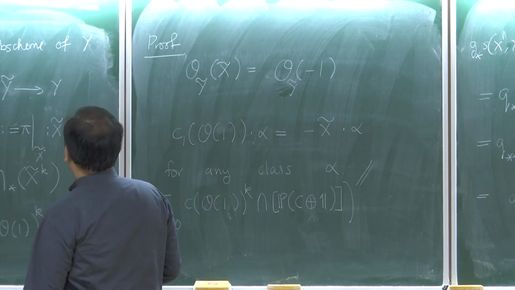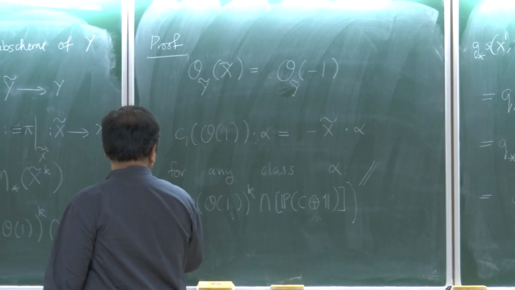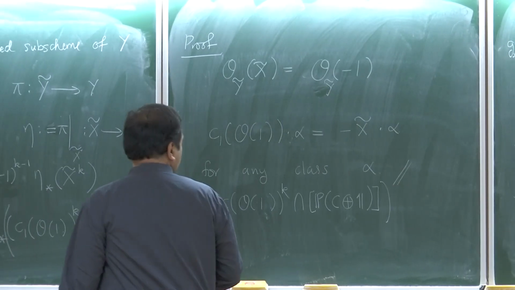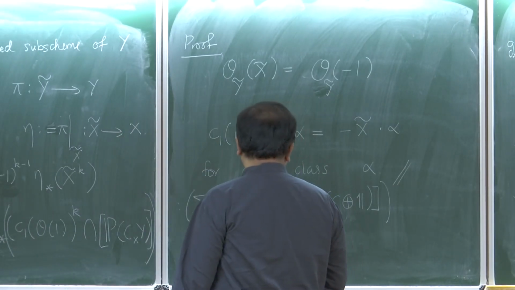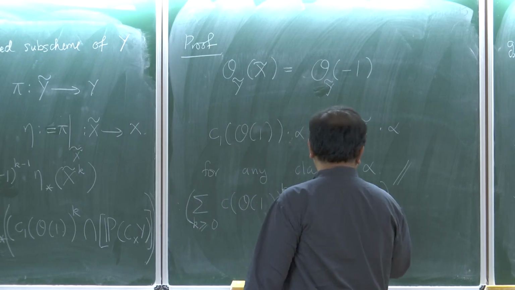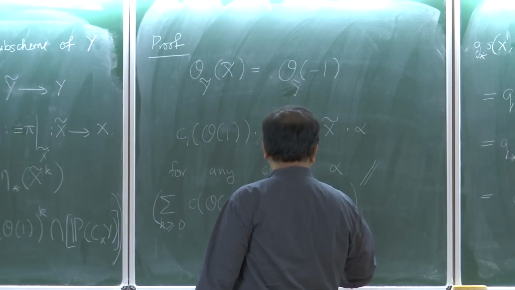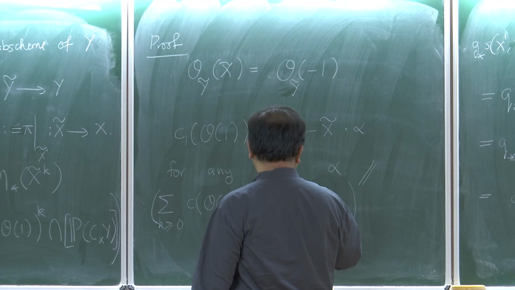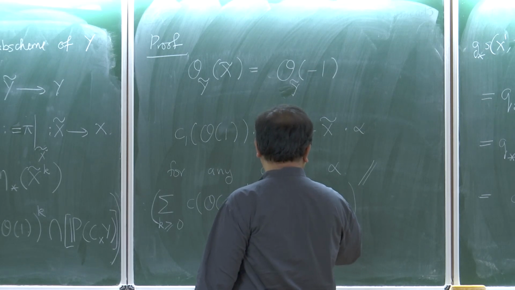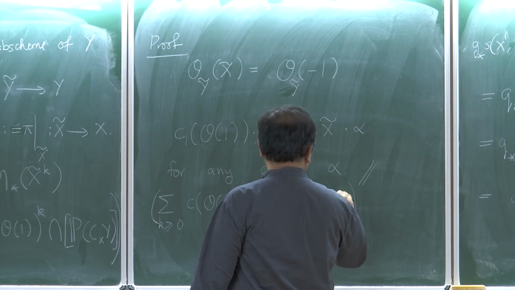So okay, one thing is that I could just do this, P(C_X Y plus 1).